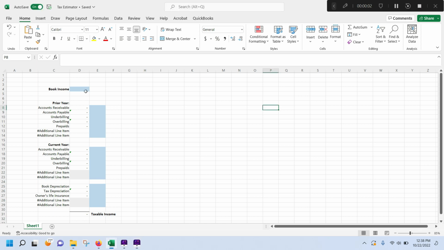So, the first thing you do is get to your book income for the current year, which we'll say for this example, fake number, $10,000. Now, what we're going to do to this $10,000 of net income is add back some balances and reduce some balances to get to that cash basis net income.